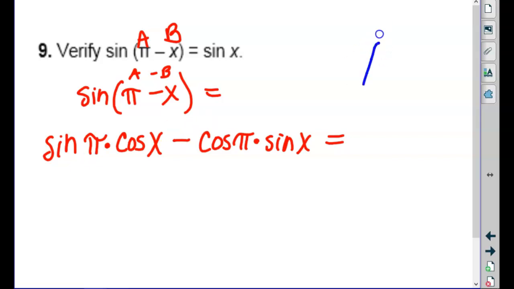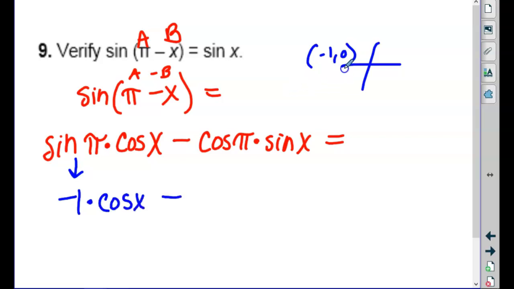At pi, the ordered pair is -1, 0. So what's the cosine? And the sine, nope, this was wrong. This said sine and I said cosine and wrote cosine. Sine is 0. Cosine is -1.